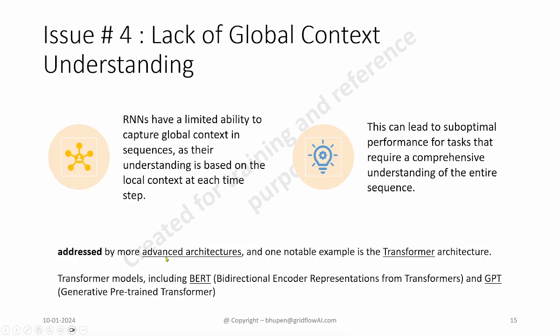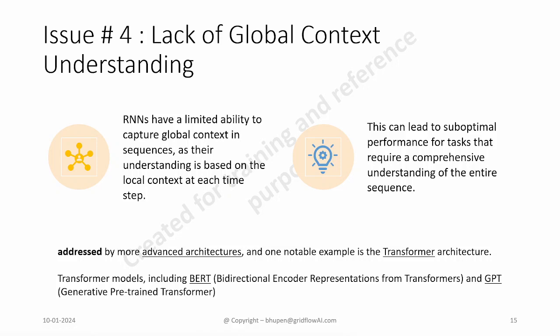So again, the answer is we will have to use some of the advanced architectures like transformer and BERT. LSTM and GRUs are like a stepping stone, or first step, into modern sequence modeling.